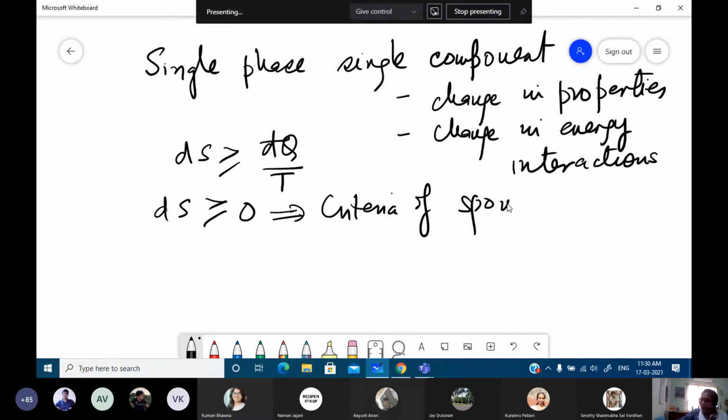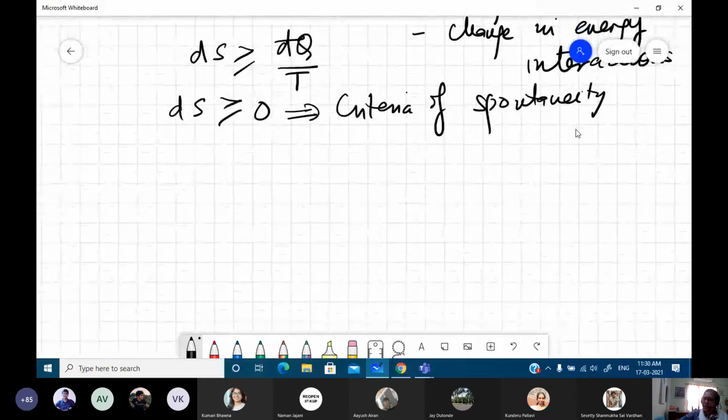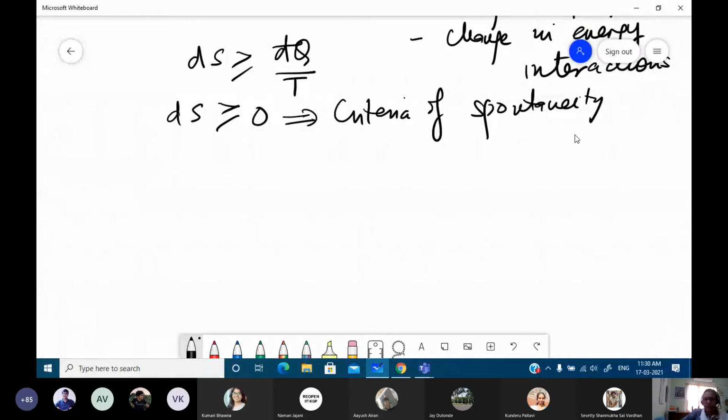And after that, from the second law and the first law combined, we came across a series of equations which were relating the energy interactions with the change in properties. Our main concern was two things for thermodynamics. Whenever there is any interaction between the system and surroundings, for the time being, if we consider closed systems, then the interaction between system and surroundings is just by heat or work. There are no other interactions.